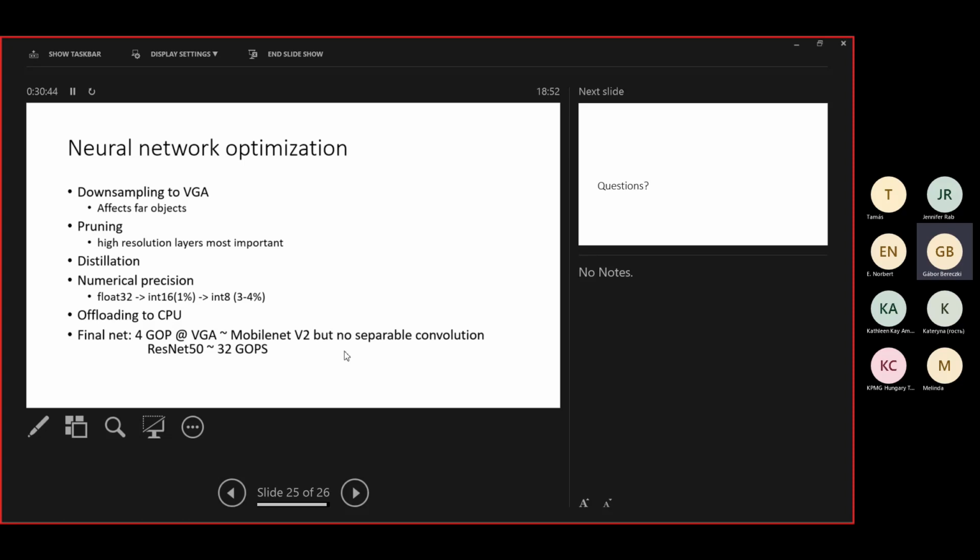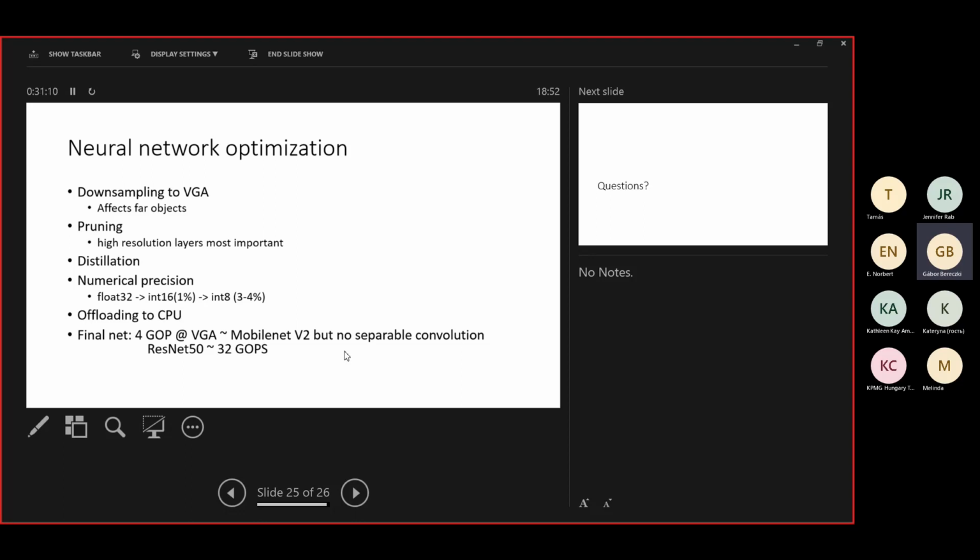Okay, another thing to play with is numerical precision. When you train a neural network, it's usually always floating point number representation, but when you are doing the inference, when you are running it on deployed hardware, you can go down to 16-bit integer or 8-bit integer. This makes things much faster because you need to move less data from the outside memory.